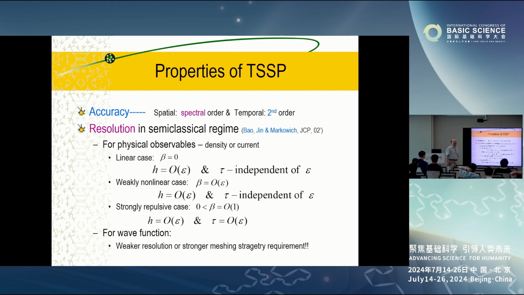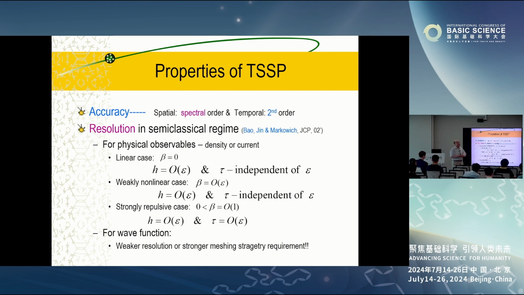This is surprising. You would think the solution in time is highly oscillatory. If you only care about density, your time step tau can be chosen independent of epsilon. Somehow for the linear case, if you are only interested in the density, this method has a so-called super resolution property. Similarly, for the strongly nonlinear case, if beta is of order 1, then your h and tau are of order epsilon.